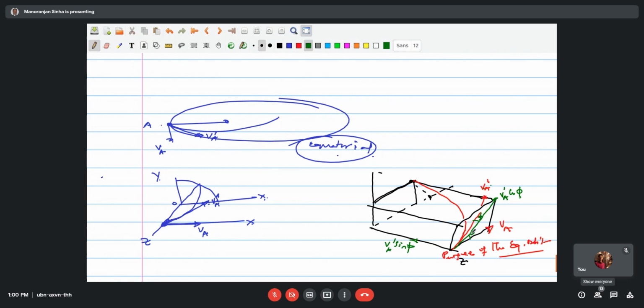In this case, we can assume this to be some other angle, let us say this is beta. Accordingly, we need to break it here. So one component will be VA prime cos phi sin beta, and this will be VA prime cos phi into cos beta. So these are the three components you are getting.